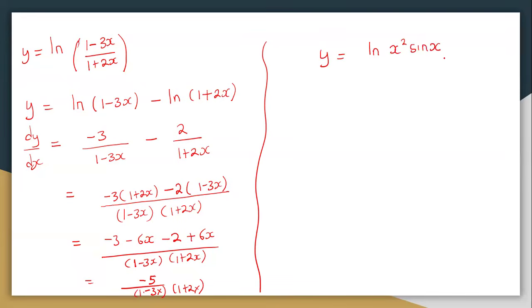Now, even when you look at this one, you can separate it into functions, that this is one function, this is another function. So someone can write this as y is equal to natural log of x squared plus natural log of sine of x, and then you differentiate smoothly. Can you first differentiate that? Let's first differentiate that.